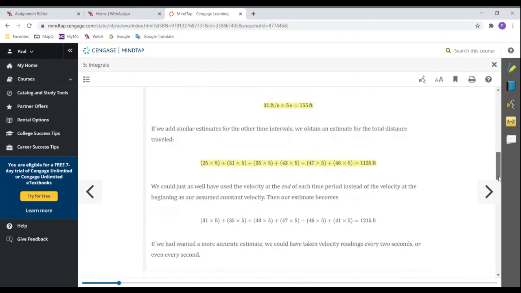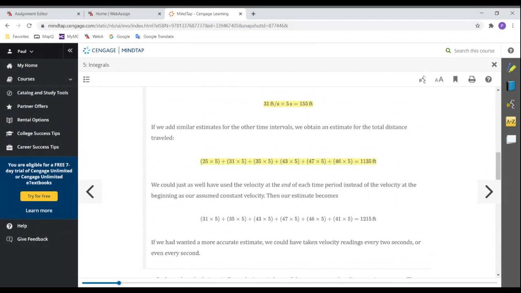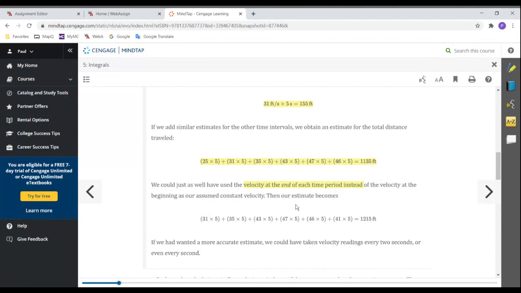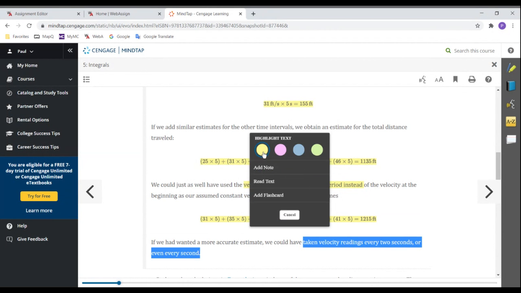Then they comment that they could have used the velocity at the end of each time period instead. That would be like the right endpoint approximation, and you would get a different estimate. They note that if you want a more accurate estimate, you could take velocity readings more frequently, like every 2 seconds or every 1 second.